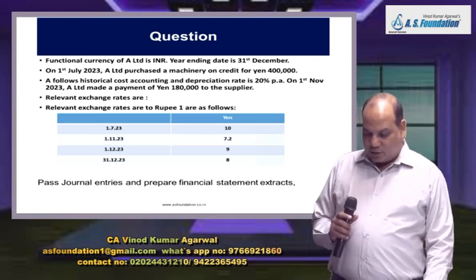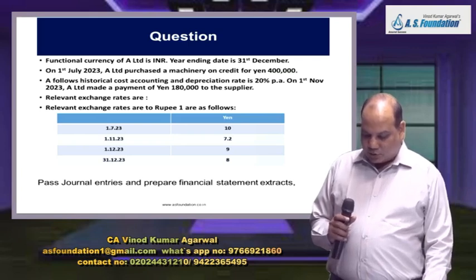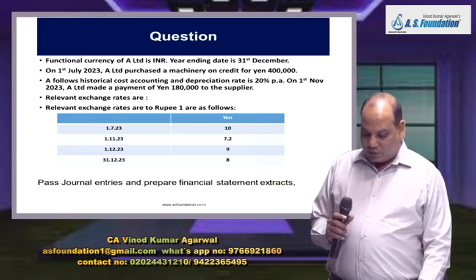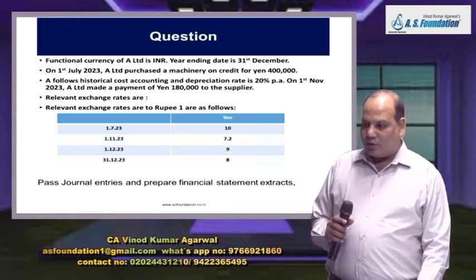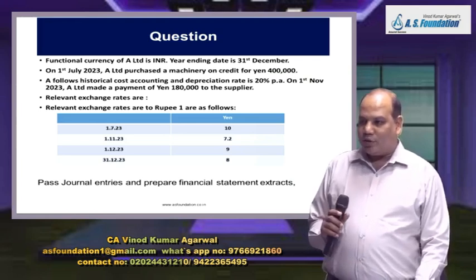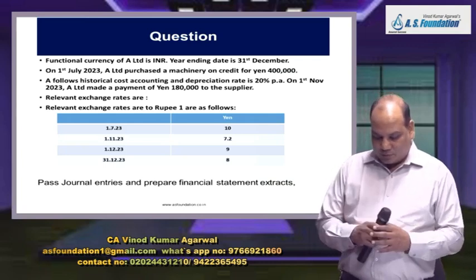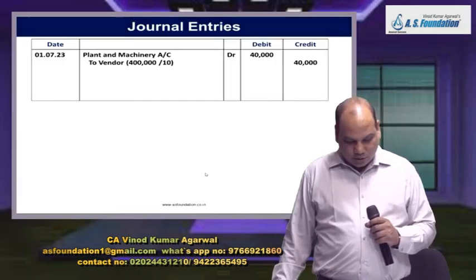On 1/11/23, we made a payment, so 7.20 yen per rupee. Then 1/12/23, useless. Why useless? There is no transaction on 1/12/23. And 31/12/23 closing rate. Monetary item will be valued at closing rate. Non-monetary item will not be valued at closing rate. Okay. Past journal entries. Just write down past journal entries.